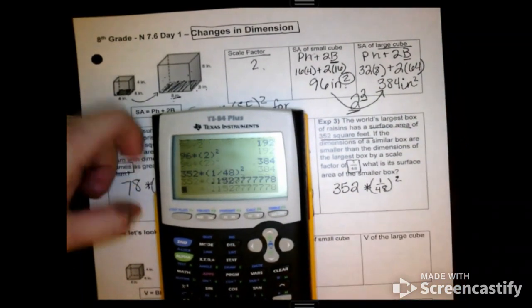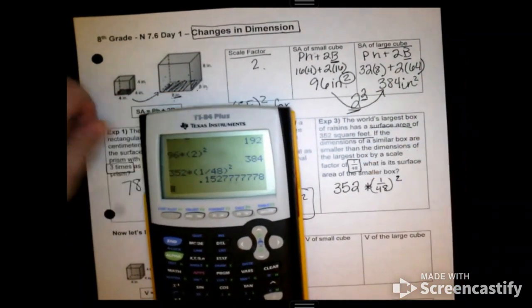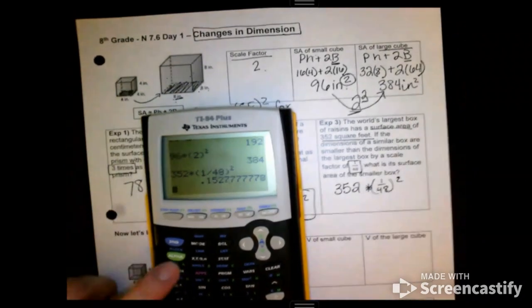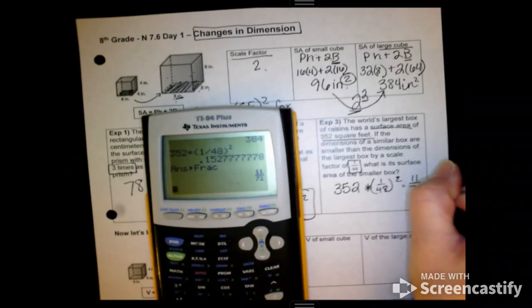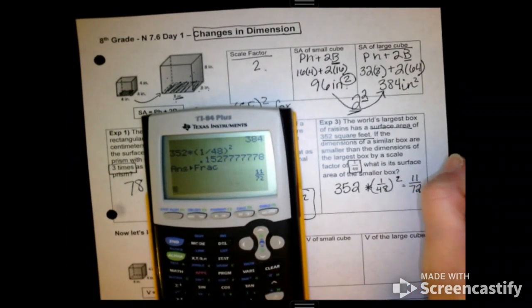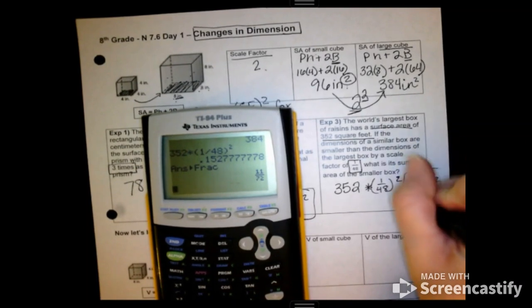If I hit enter, it gives me what we call a trash decimal, right? I'm going to hit math, enter. So 1172 feet squared.